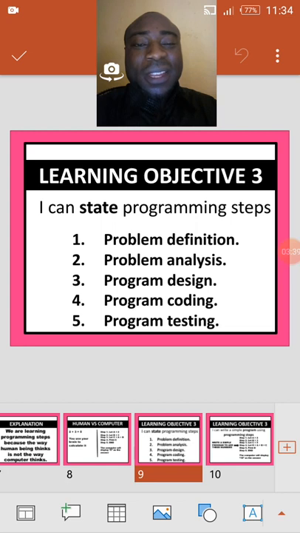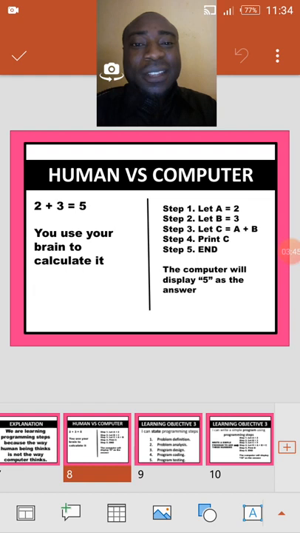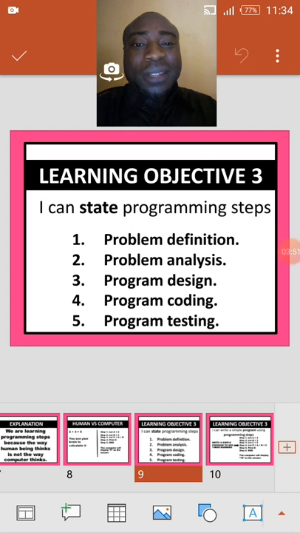This is where a programmer identifies that there is a problem, just like in this simple program, to add 2 numbers. So the programmer in problem definition identifies the problem. And number 2, problem analysis. He looks for a way to solve the problem. That is what we mean by problem analysis.